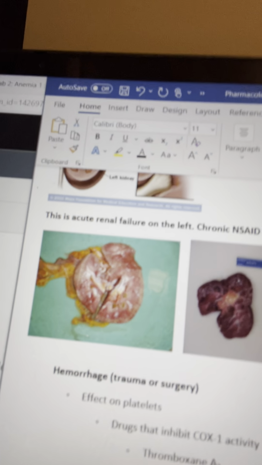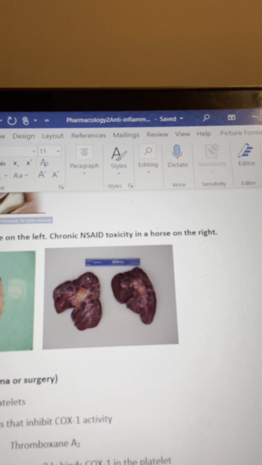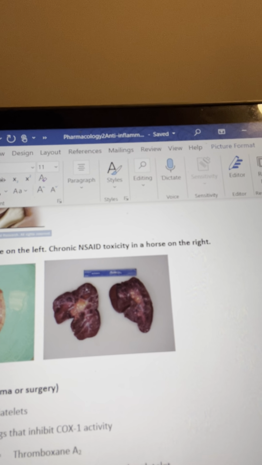Here is an acute renal failure on the left in the blue, and then we have the chronic NSAID toxicity in the horse and its kidneys on the right here. Next, hemorrhage, trauma, or surgery, so effects on the platelets. Drugs that inhibit COX-1 activity reduce thromboxane A2. Aspirin irreversibly binds COX-1 in the platelet, so effects last for the life of the platelet, usually 7 to 10 days.